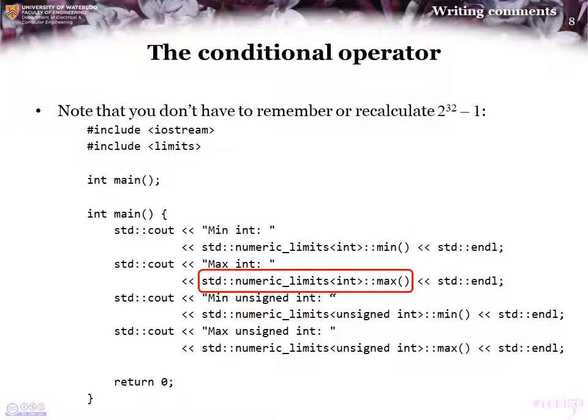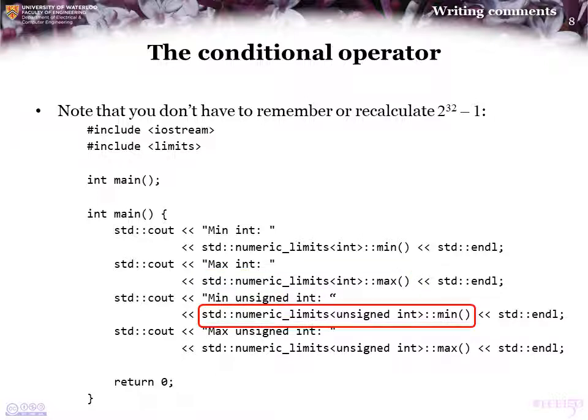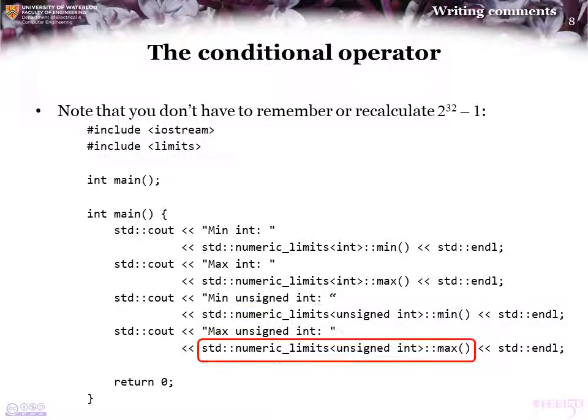Similarly, this will evaluate to the maximum an int can store. This will be the minimum that an unsigned int can store, which is 0, and this is the maximum an unsigned int can store, which is of course 2 to the 32 minus 1.